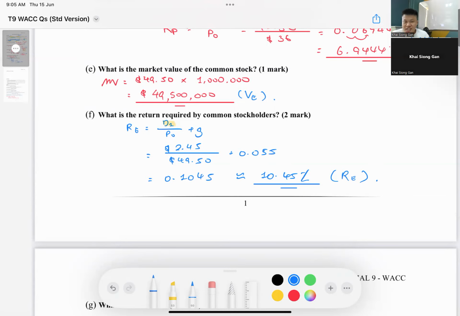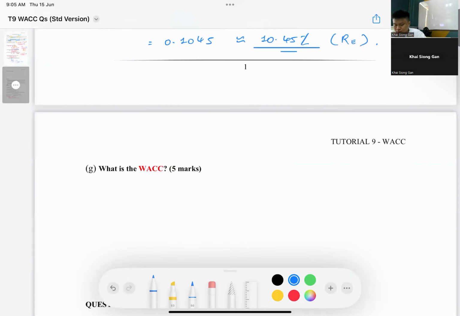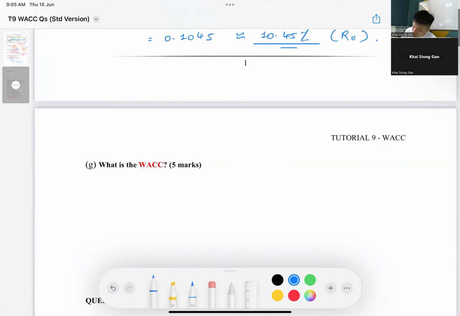We have all the components ready, so will you be able to calculate WACC? You need to put everything into the formula. First we calculate the total market value of all securities, which we call the big V. We add up all the market values: the market value of debts, the market value of preferred stock, and the market value of the common stock.